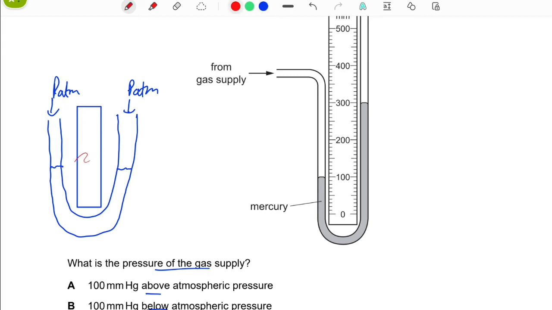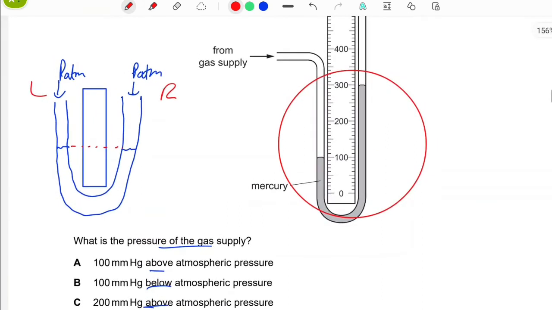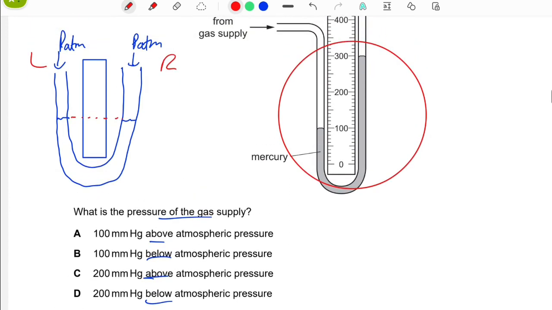So over here the level of left and right will be the same. Now when we apply a gas which has higher pressure than atmospheric pressure, then we will get something like this. And when we apply a gas whose pressure is lower than atmospheric pressure, then we will get a structure something like this.